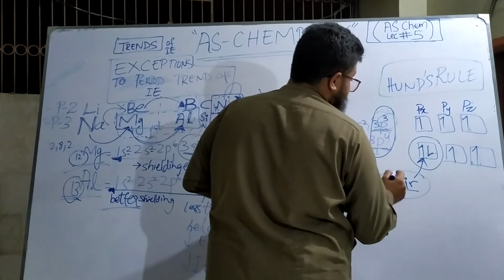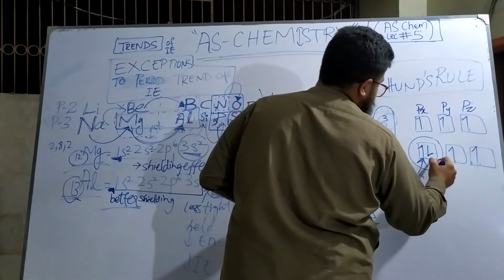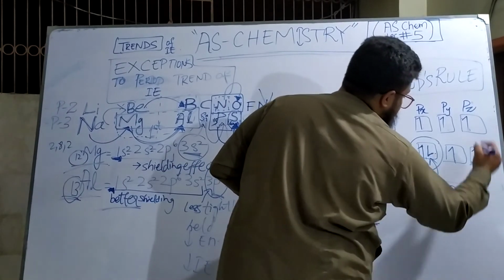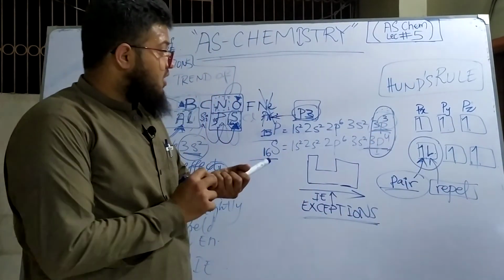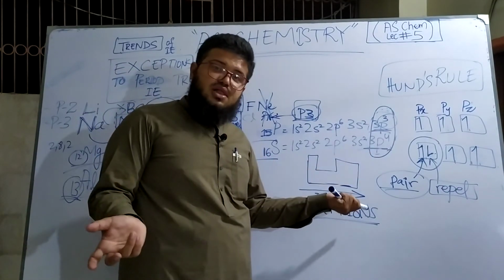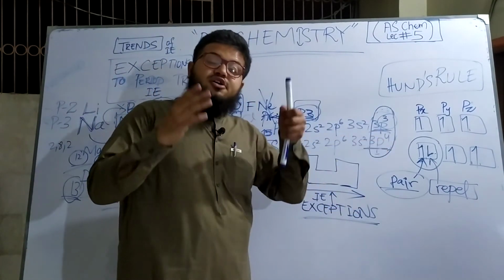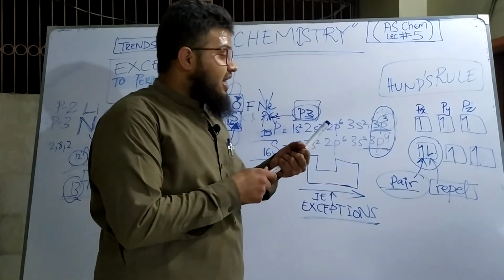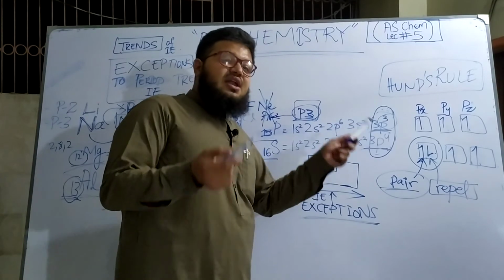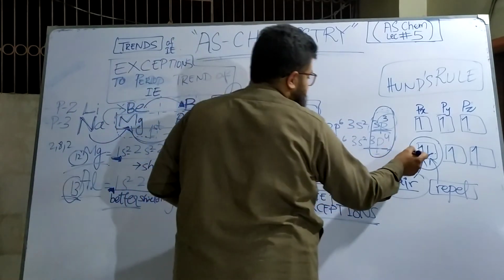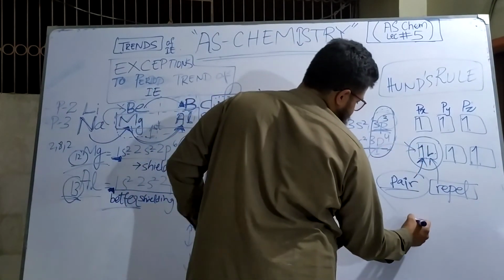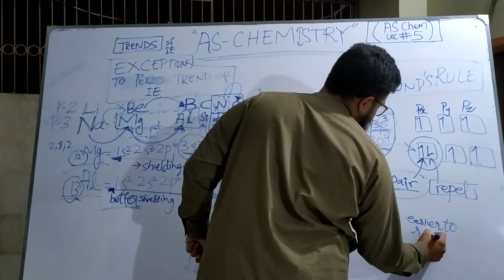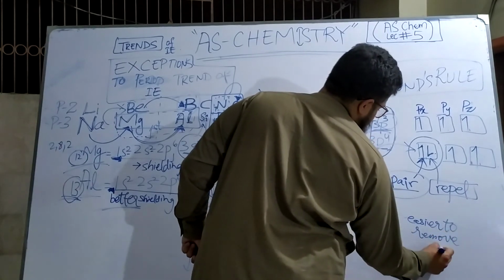Due to this pair of electrons, what happens? This pair of electrons that has been produced, the electrons repel one another, and these are in fact the outermost electrons because they are in the outermost subshell. If these electrons are already repelling one another, the repulsive force again weakens the nuclear attraction and makes it easier to remove the electron.